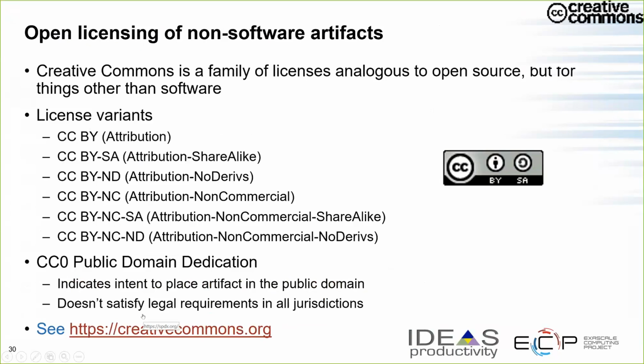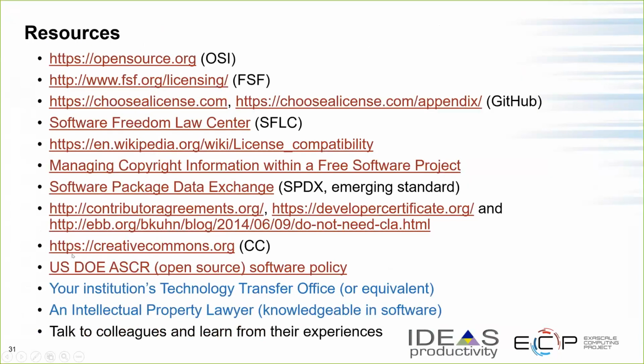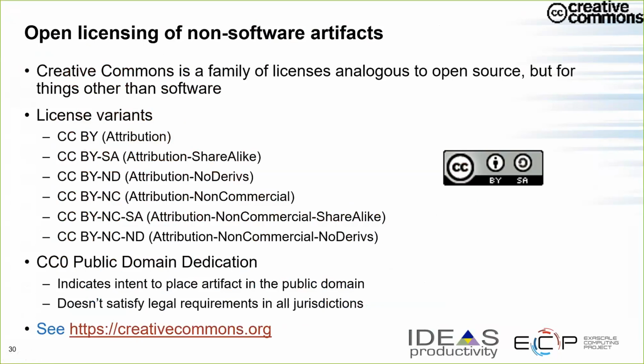So a lot of the stuff that we do is software, but a lot of things aren't. So for example, this presentation. Creative Commons is a family of licenses that has been developed that are analogous to open source, but meant for non-software products, so other types of creative works. There's a whole family of these that are listed here. And you can go to the website, creativecommons.org, and see a lot more details about the different combinations.